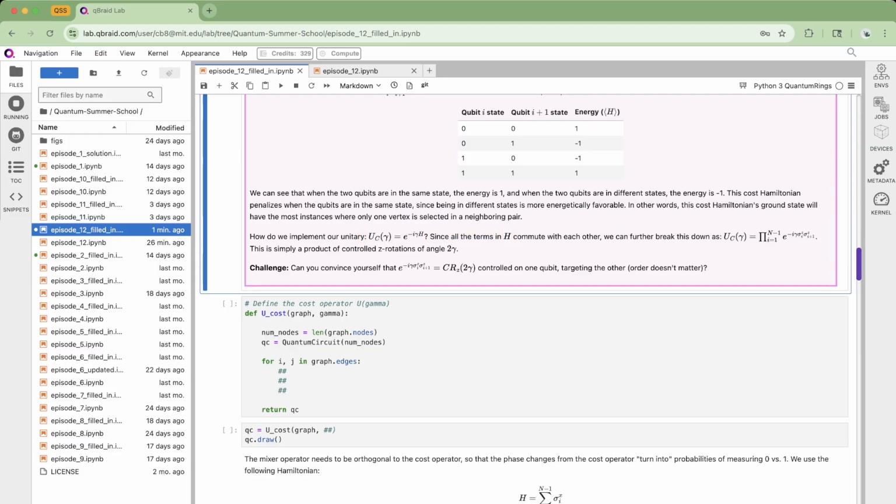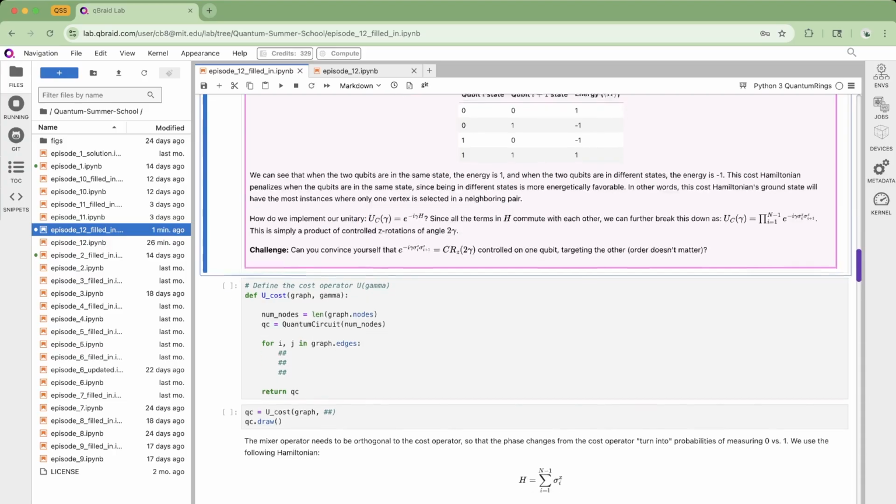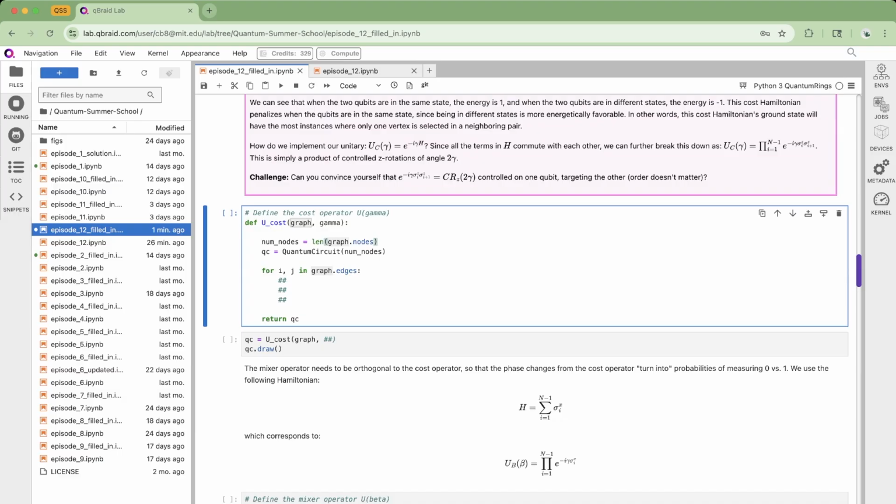So now we want to implement our unitary, which implements this cost function. And we know that we can break it down as a product. This is just a product of controlled Z rotations of angle 2 gamma. So here we can get our cost function. We can grab the number of nodes from the graph and make our quantum circuit. And then you can either do a controlled Z, or another easy way to do this is to apply a controlled NOT, then a rotation on one qubit, and then another controlled NOT, since for most hardware purposes, most universal gate sets utilize a CNOT rather than a controlled rotation.